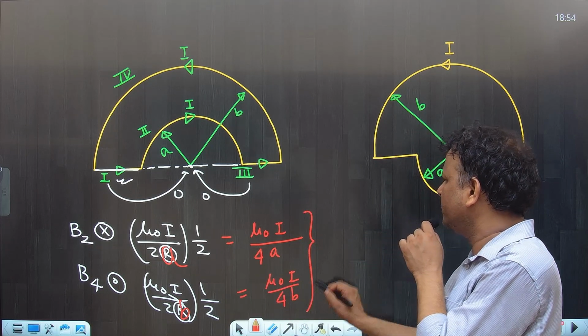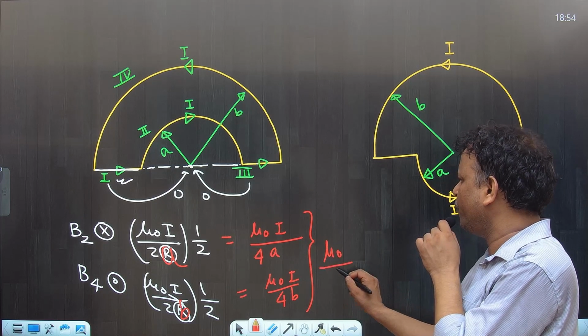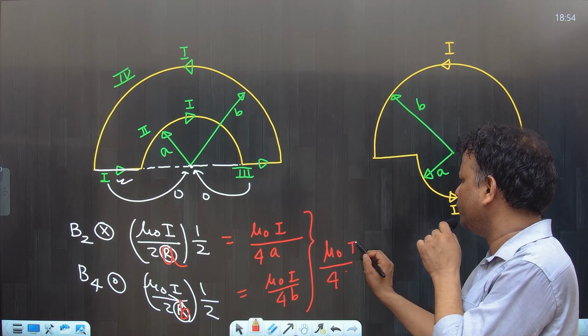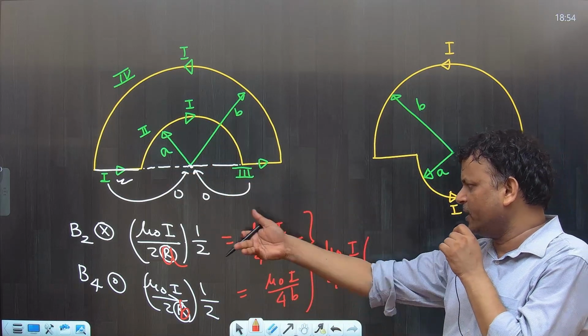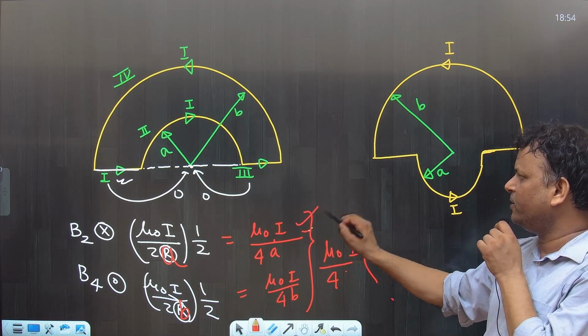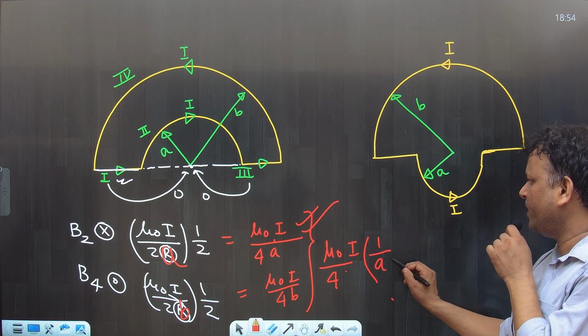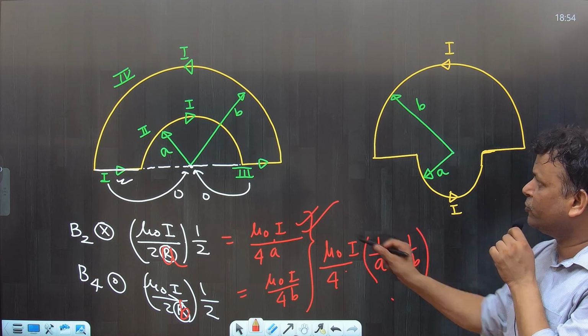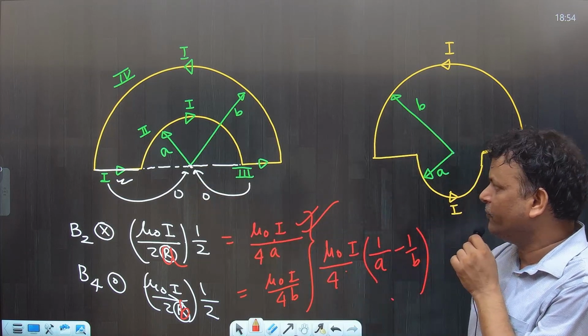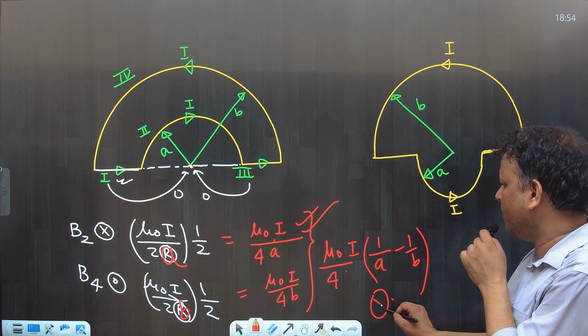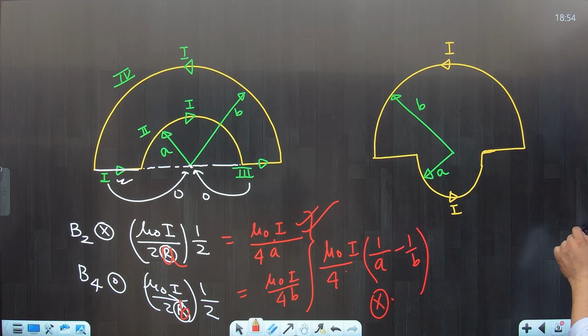So you will get mu naught by 4 common into I. Since A is smaller than B, so 1 by A will be greater than 1 by B. So this will dominate. So answer will be 1 by A minus 1 by B. Part 2 is closer to the center, so it will dominate. So net field will be into the paper.